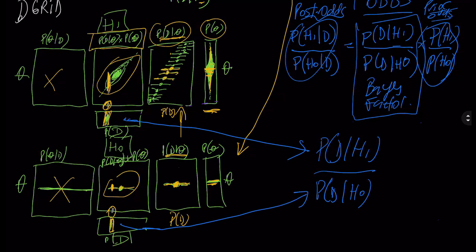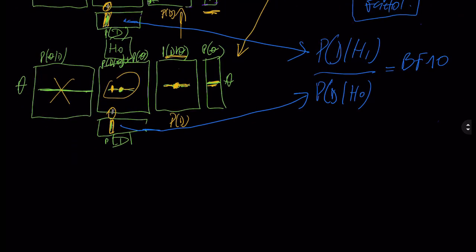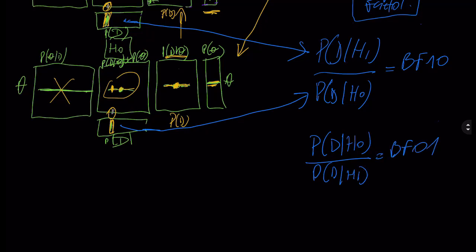And when we get that, that's Bayes factor of the alternative over the null. We can do the opposite. Probability of D given H0 over probability of D given H1, and this is the Bayes factor 0,1. We can also calculate Bayes factor 0,1 by doing 1 over Bayes factor 1,0.